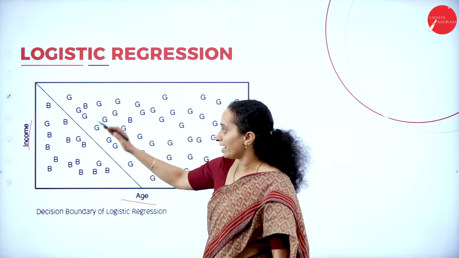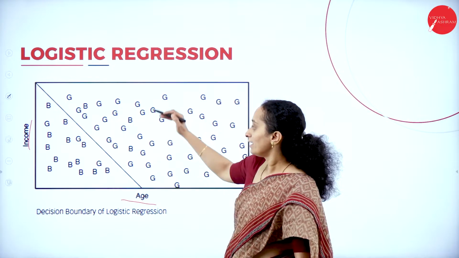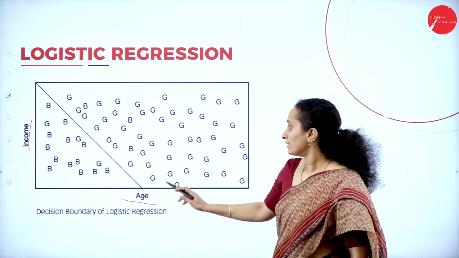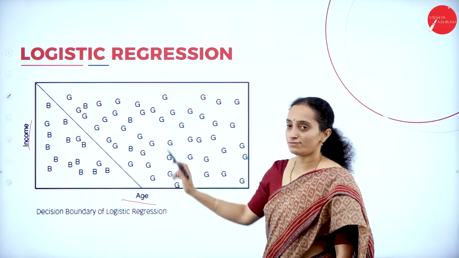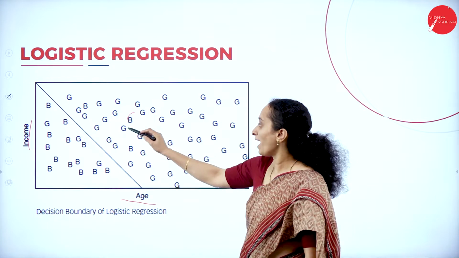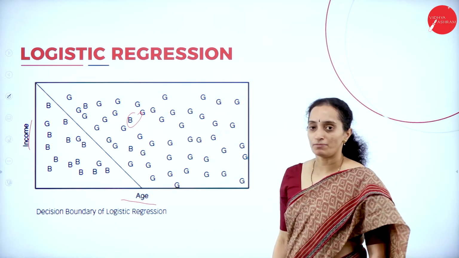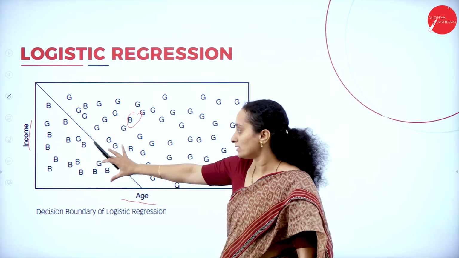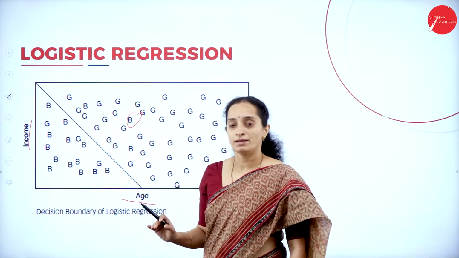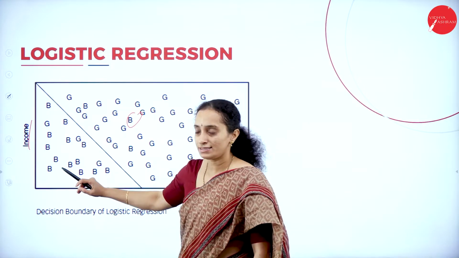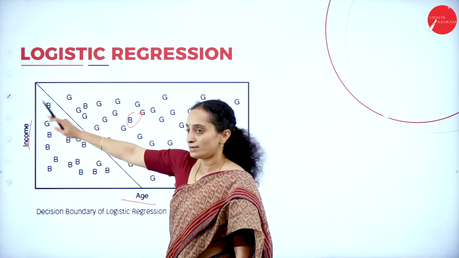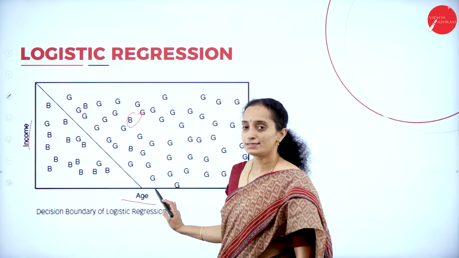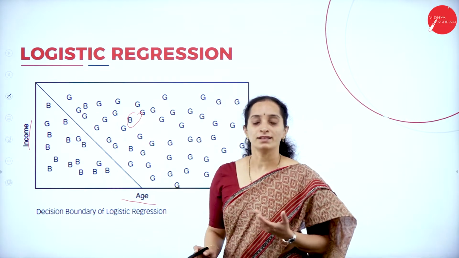So age and income: as the income increases, age also increases, the good characteristics will increase, whereas the bad will become minimum. The decision boundary says that bads will be more when age is less and income goes on increasing. When age increases, then only good characters will increase.